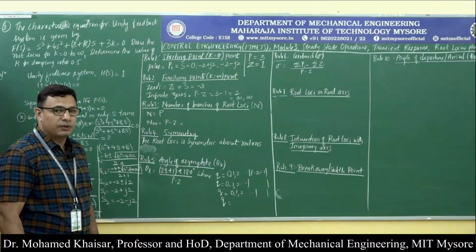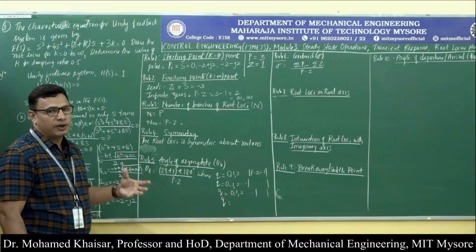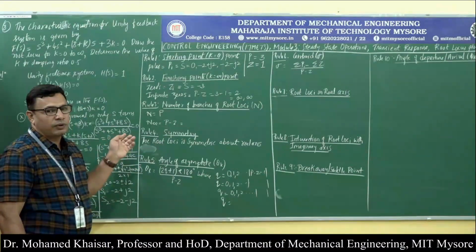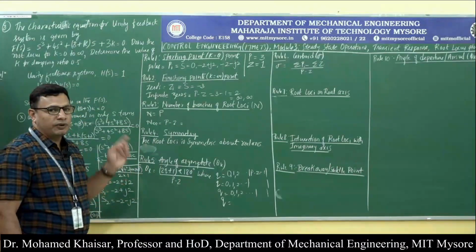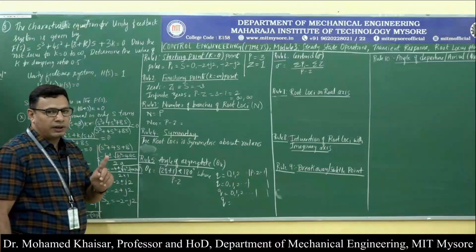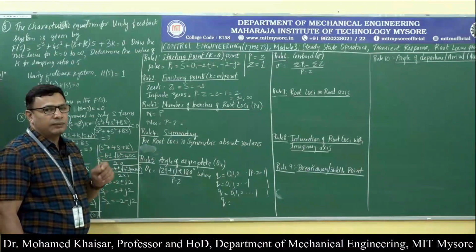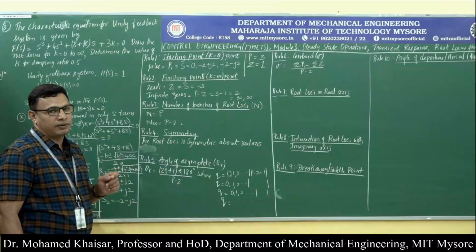And if the number of zeros is more than the number of poles, then the number of branches of root loci will be equal to the number of zeros. In the given problem, the number of poles is 3 and the number of zeros is 1, so 3 is greater than 1. That means the number of poles is greater than the number of zeros.